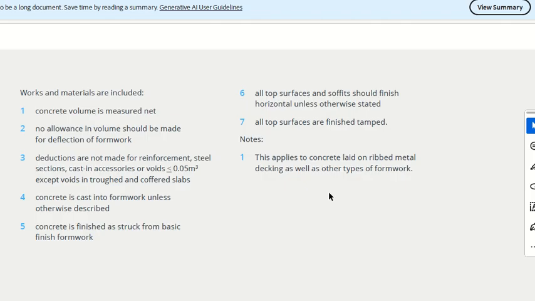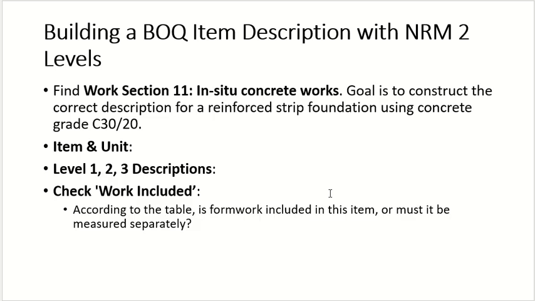Concrete is not naturally smooth like this table. This is not natural concrete when you pour it. Inside the formwork you have to do something to make it smooth, and after you remove the formwork, you have to do some finishing. So the last two or three items are talking about those things. But yes, concrete is cast into formwork unless otherwise described.